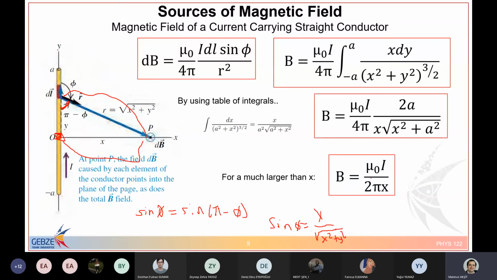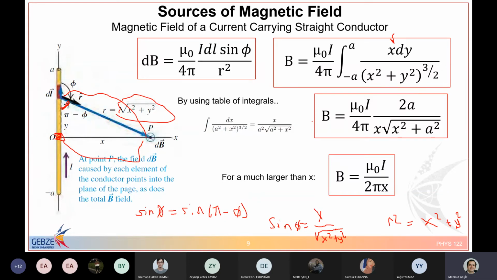Okay. And the r value is this one. And r squared is x squared plus y squared. So 1 over r squared multiplied by sine phi gives you x divided by square root x squared plus y squared to the power of 3 over 2.